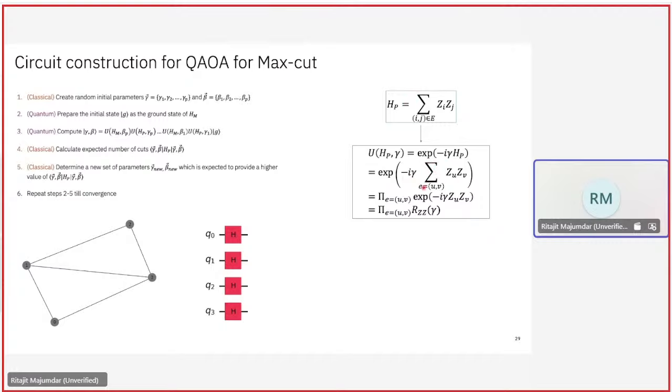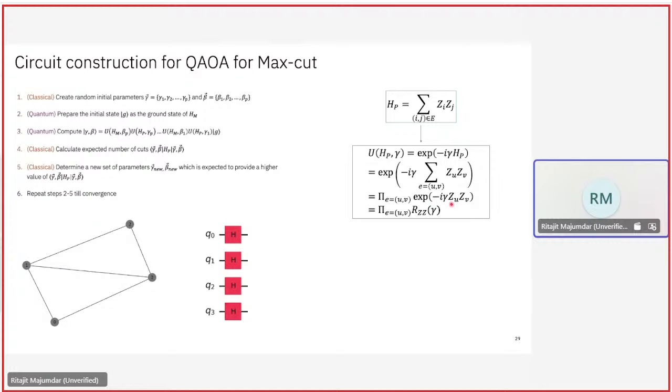Now, if you just write this down, it is the exponentiation of minus i gamma times HP. And for those of you who understand this, you see all of these terms commute with each other. So you can take this exponential and write it as a product of individual exponentials, since they all commute. I can take the summation in the exponent out, and it becomes a product of each of these individual terms.